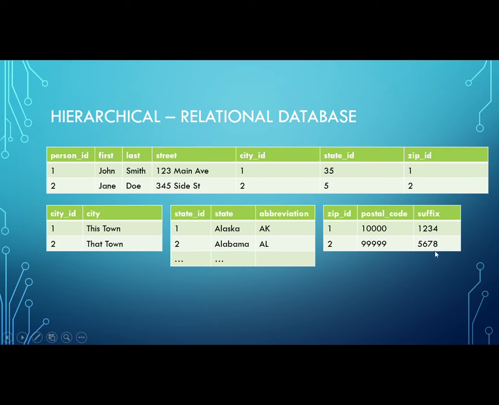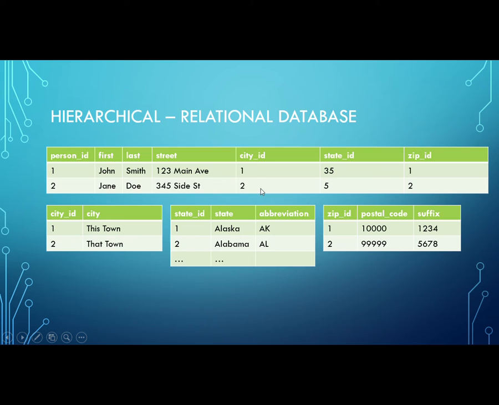In this case, we added the suffix, so the 10000 dash 1234. I don't know if that's a proper suffix or not. It probably isn't. But you can add additional data whenever you create a relational database, and that really helps the data stay organized, and it really keeps it in a more efficient manner.